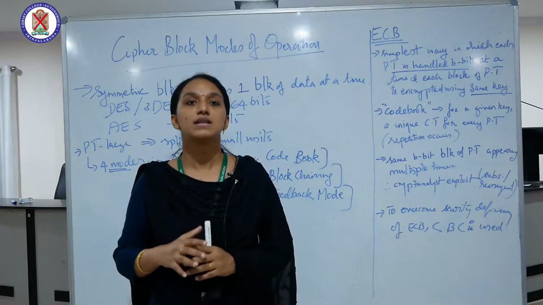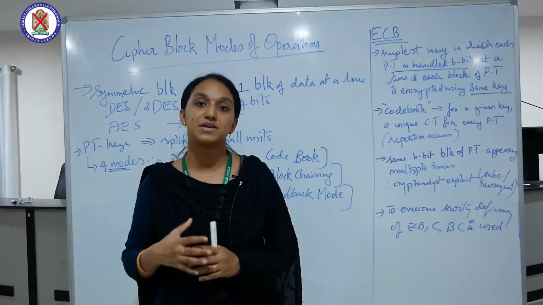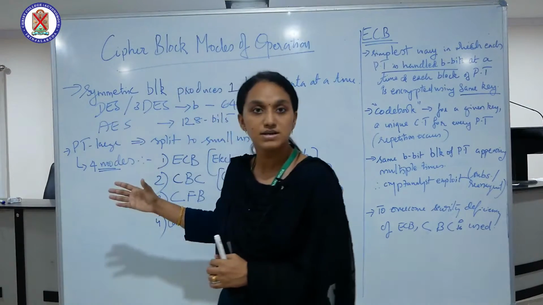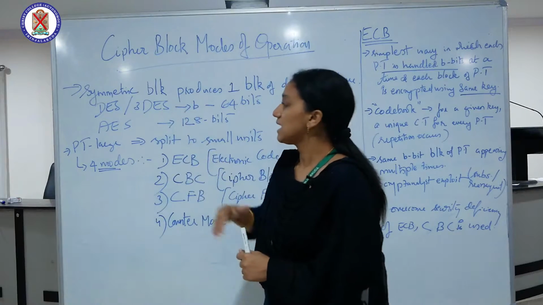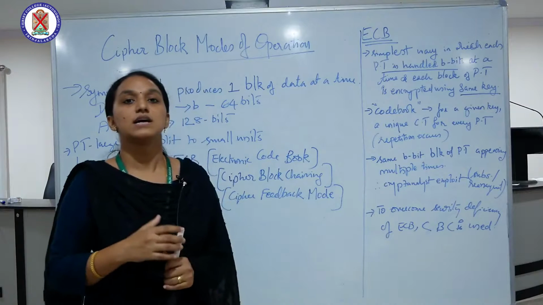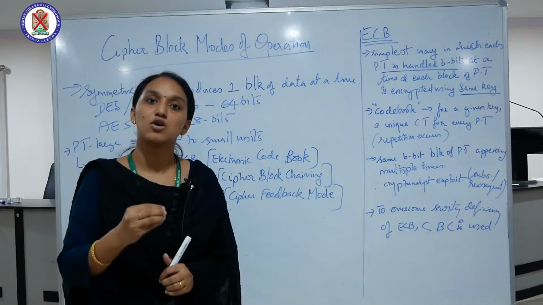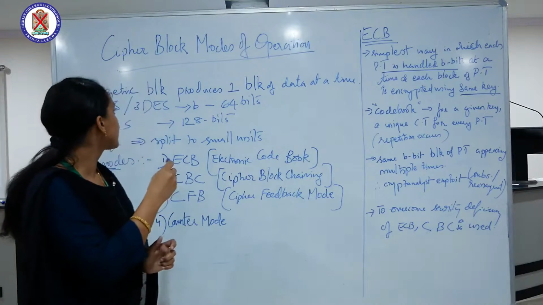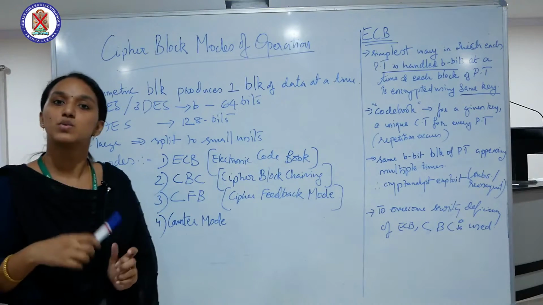So moving on, the modes of operation in which a cipher block is processed, we are going to deal with that topic today. As we know, a symmetric block cipher produces one block of ciphertext for each block of plain text. That is, exactly for one block, another block will be produced.